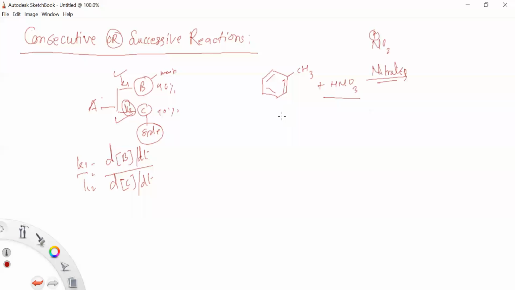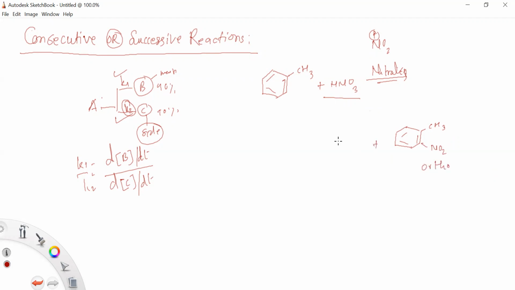This is a simple organic process, and this reaction gives three products. The first product is CH3 and NO2, the ortho one.